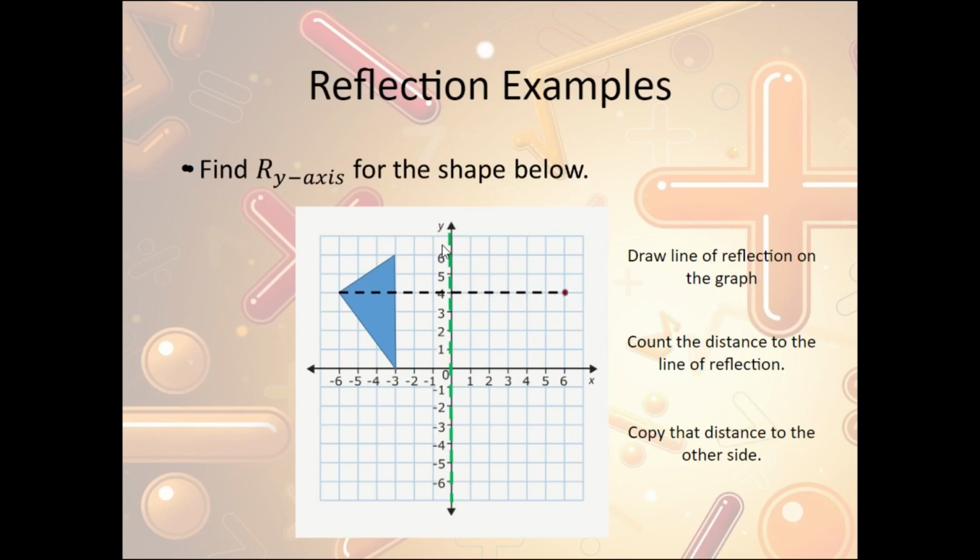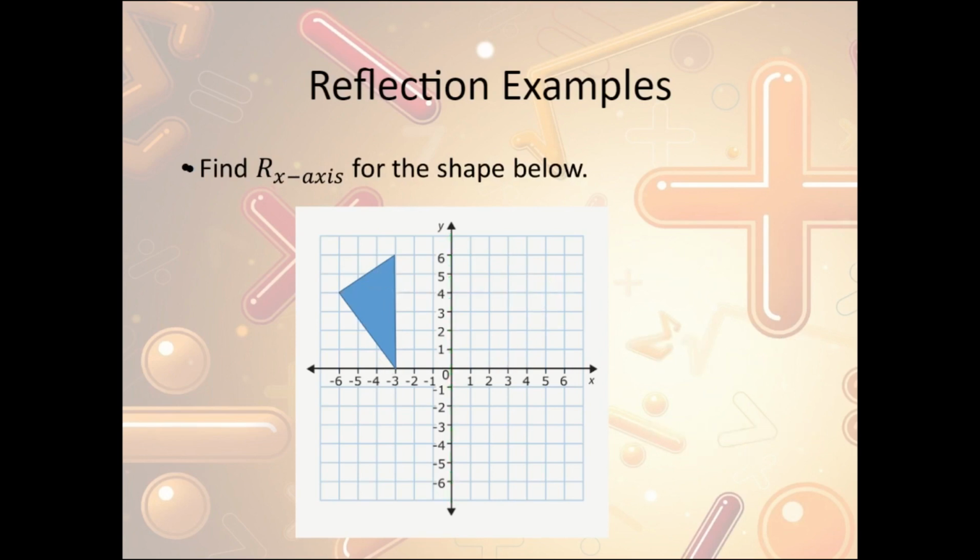Then we do it for each of the other points. So here, this one, 1, 2, 3 away. So we go 1, 2, 3 away on this side. And then the same thing here, 1, 2, 3 away on this side as well. And then we just draw our triangle. And notice we have two triangles that are exactly the same size.